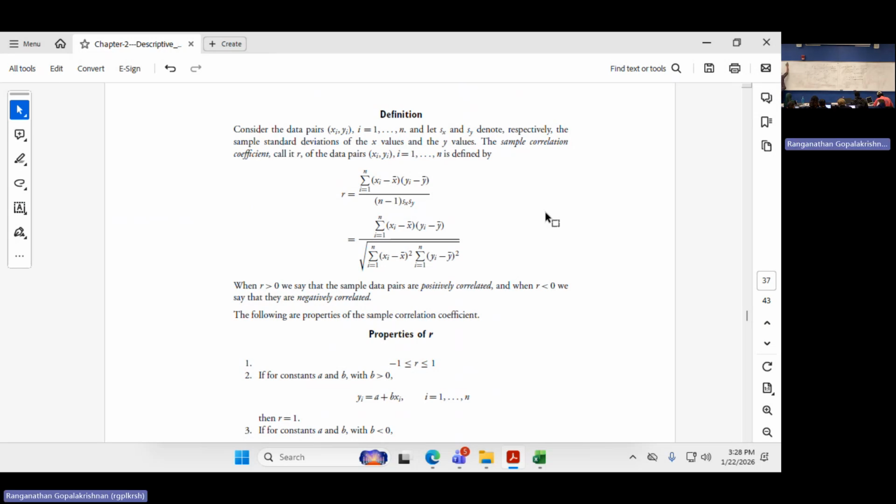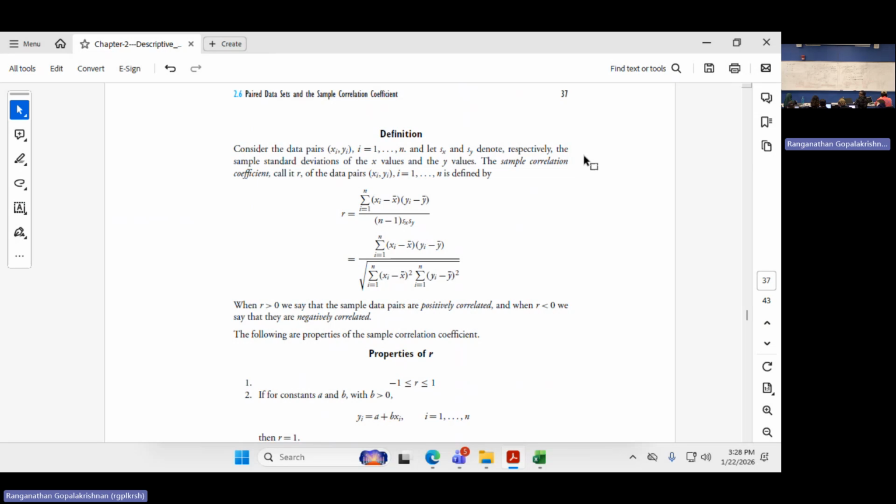So if you have paired data, let's say you have xi, yi, you have x1, y1, x2, y2, up to xn, yn, n pairs of data points, x and y. If you have that, then we define the correlation coefficient. This definition is given on page 37, just in case I scoop up some formula.